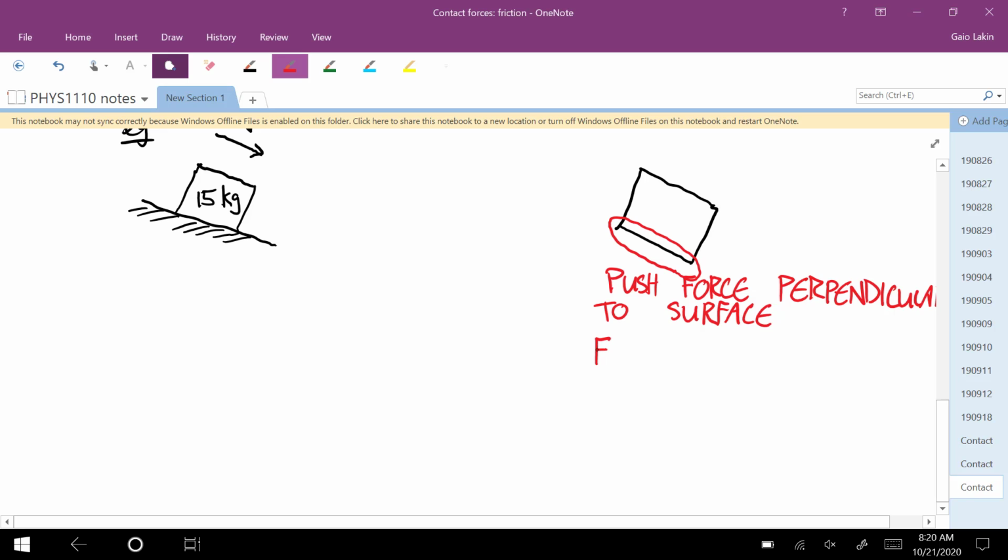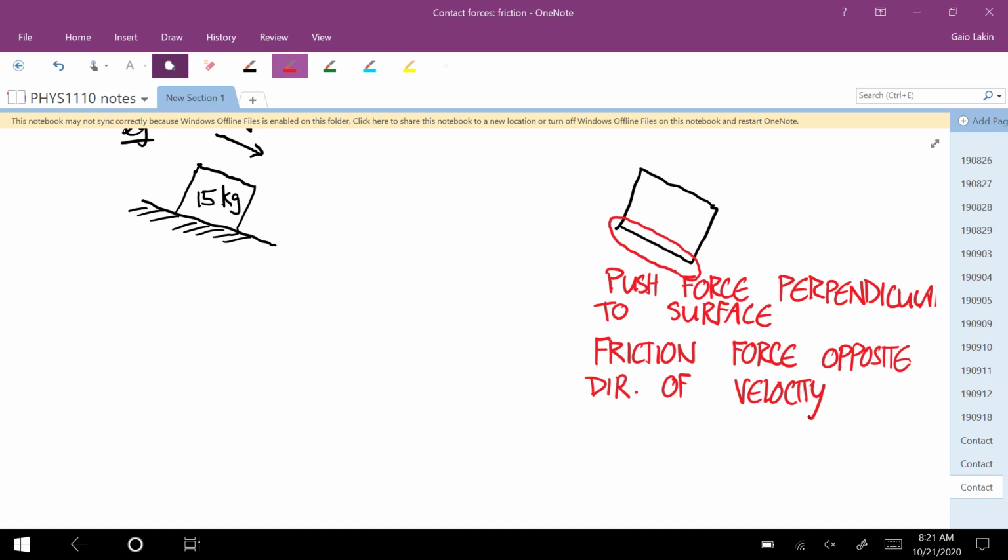And then there's also, what's new, a friction force that is parallel to the surface and goes in the opposite direction of the velocity. What I said above when describing kinetic friction is that it's always trying to slow the object down. Slowing the object down means applying a force that's opposite of the velocity vector. And so that's what we have here.